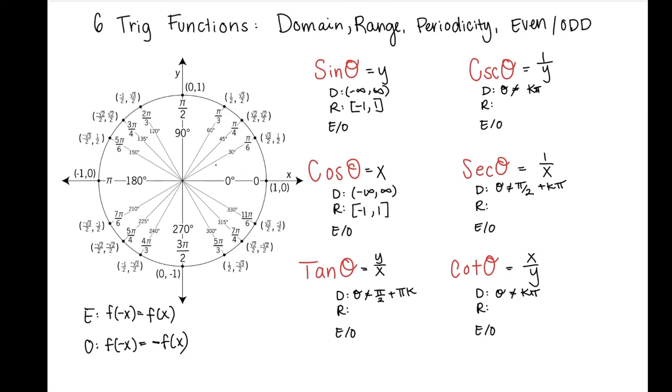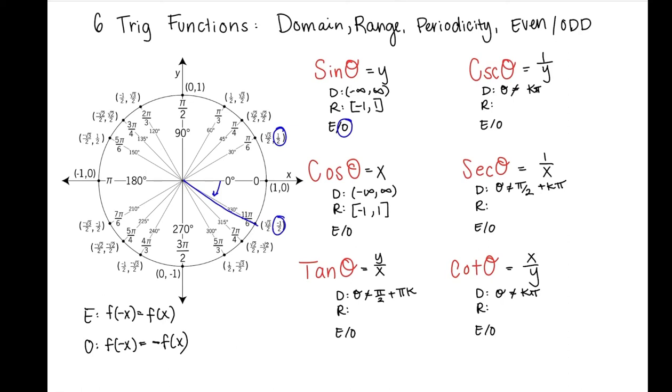If I want to find negative 30 degrees, I just need to go in the opposite direction, 30 degrees. So that would be this line right here. So I'm plugging in negative 30 into my sine function. My original output was 1/2. Now I get exactly the negative output. So this is going to be an odd function.